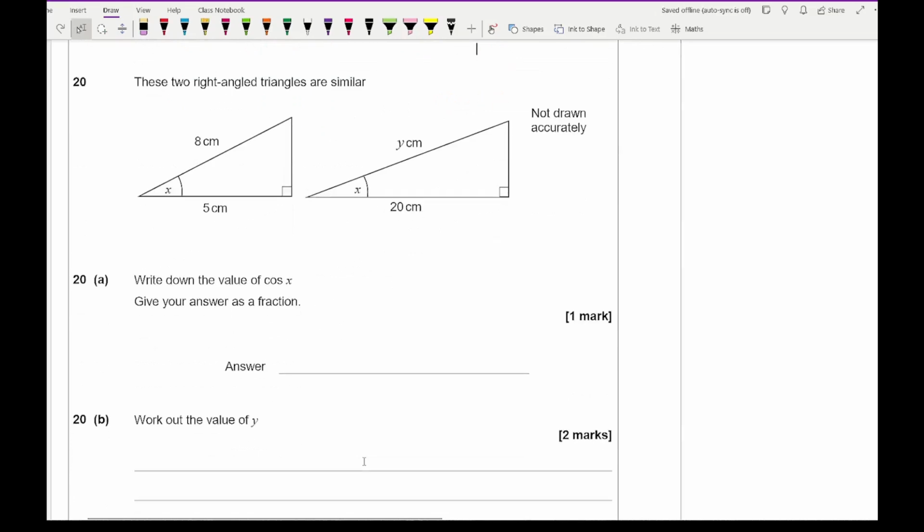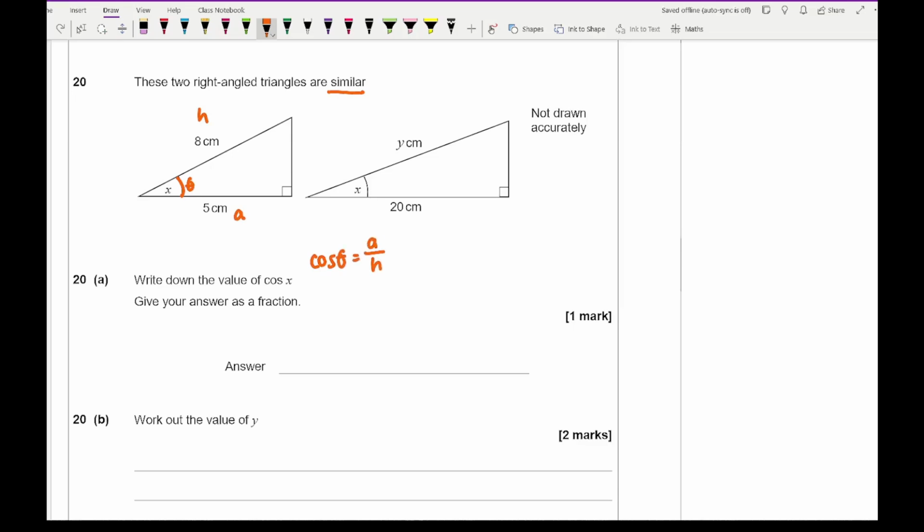Moving on to question 20, it says these are two right angle triangles that are similar. It then says write down the value of cos x, give your answer as a fraction. So for this, using trigonometry, this is theta, that's h, and this is going to be a. So cos theta equals a over h.